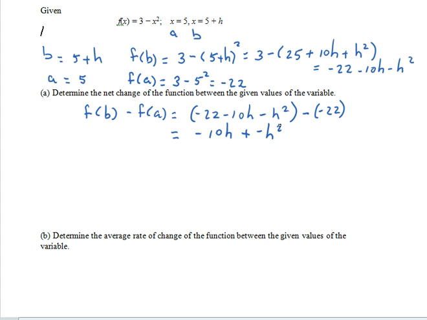And our average rate of change would be f of b minus f of a all over b minus a. And notice that our b minus a is 5 plus h minus 5, and our f of b minus f of a is our net change.